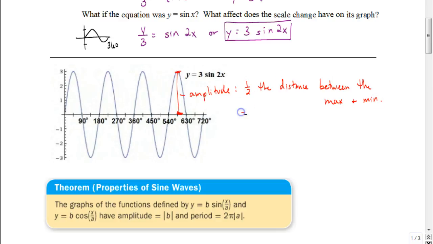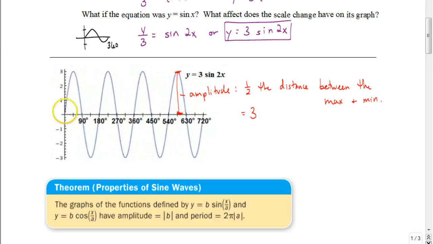And for this problem here, our distance between the maximum and minimum are -3 to 3, so that distance is 6 units. Well, half of that would be 3 units. So for this one, our amplitude is 3. Or you can look at it as it's going from our equilibrium, our center line is 0 up to 3, so our amplitude would be 3.